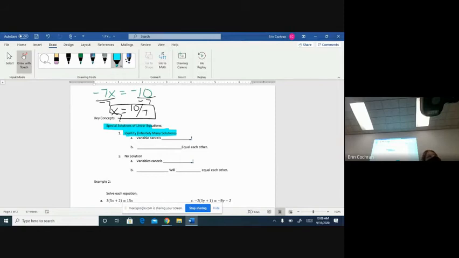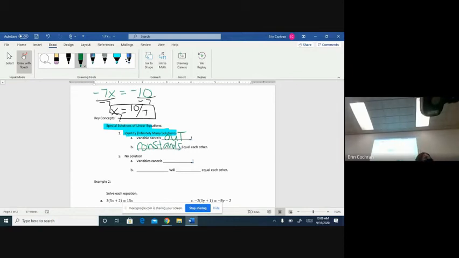Because if I have like 1 plus x equals 1 plus x, no matter what I put in for x, wouldn't the left side equal the right side? Yeah. So that would be infinitely many solutions. So if my variable cancels out, just like what we had here, and the constants equal each other, and what are constants again?